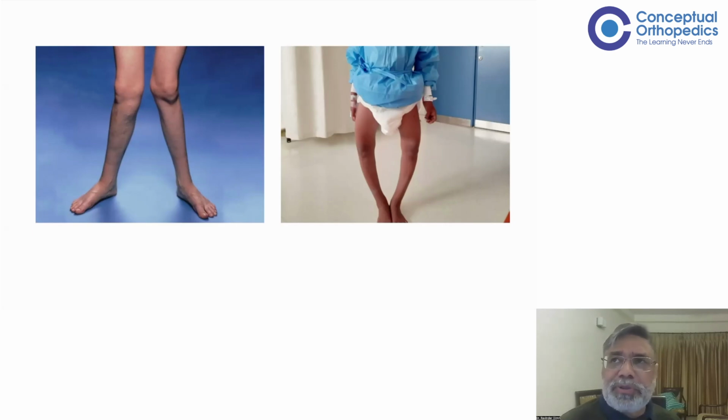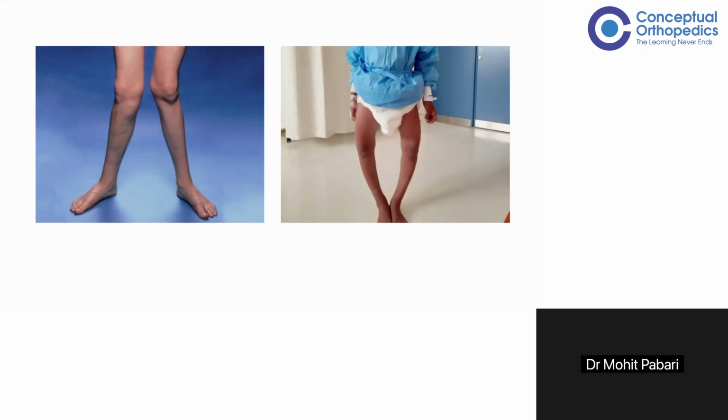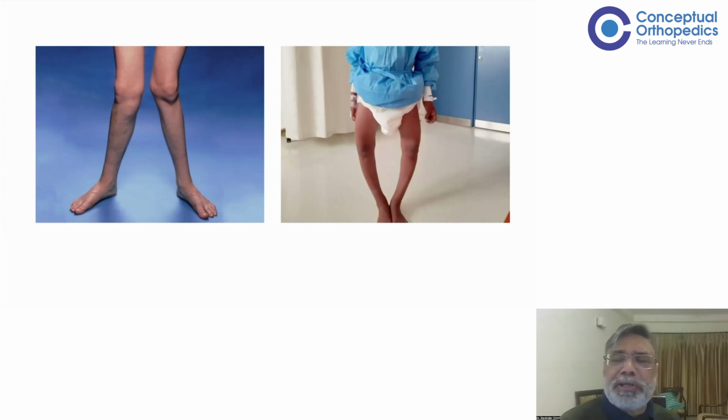Or if it is very severe, not explained by physiological, like an intermalleolar distance of about 15 centimeters. So a severe deformity, not following the pattern, unilateral, very asymmetrical: these are likely to be non-physiological.